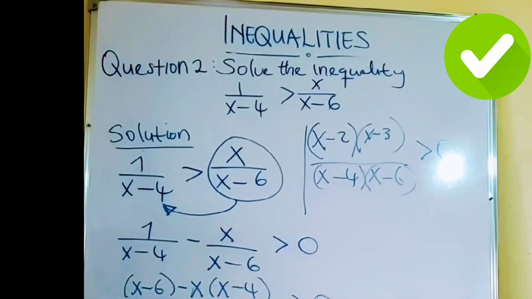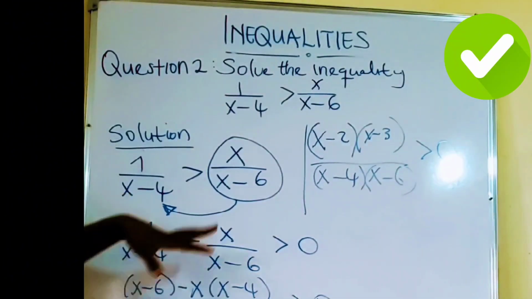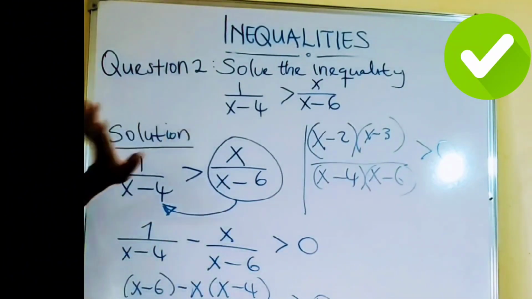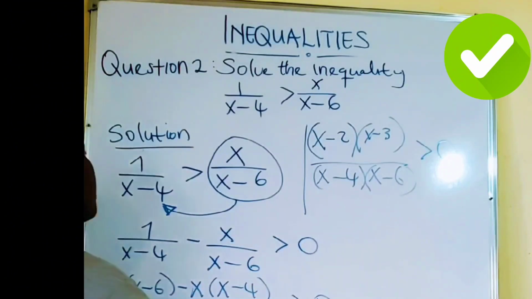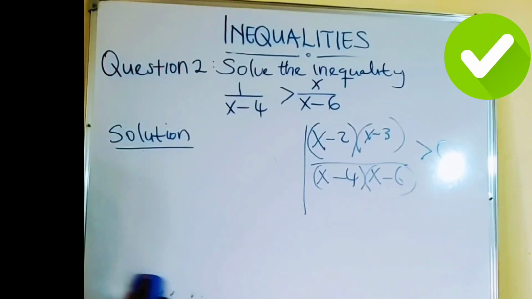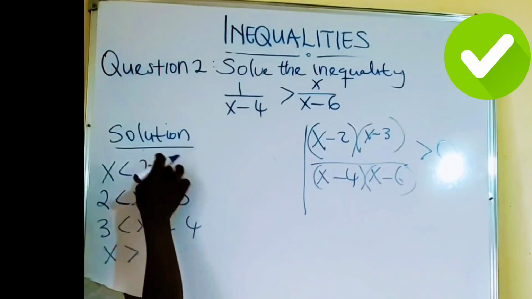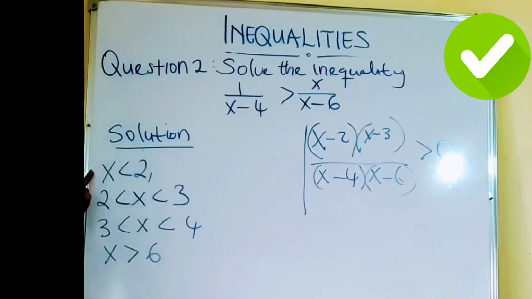So with our boundary values, we would now come up with the possible ranges that we will check to see which range satisfies our inequality. We have 4 possible ranges. X less than 2, x lying between 2 and 3, x lying between 3 and 4, and x greater than 6.